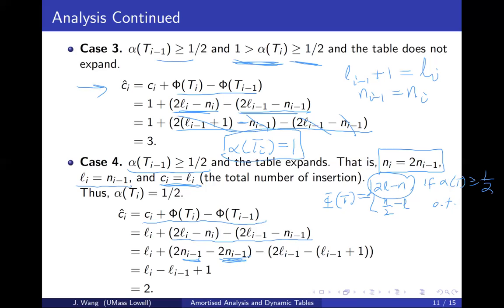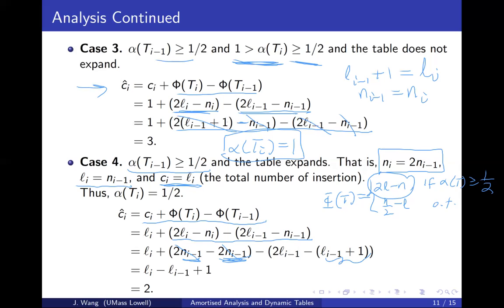We also have that n sub i minus 1 is equal to L sub i, and L sub i is equal to L sub i minus 1 plus 1. So you put things together, and these two cancel, and we get one copy.